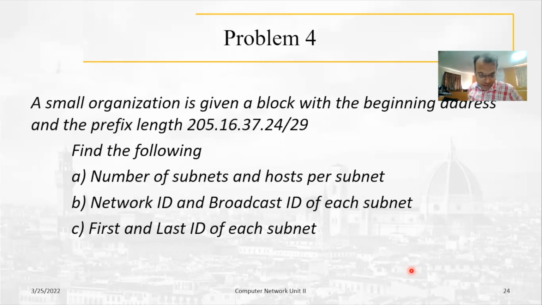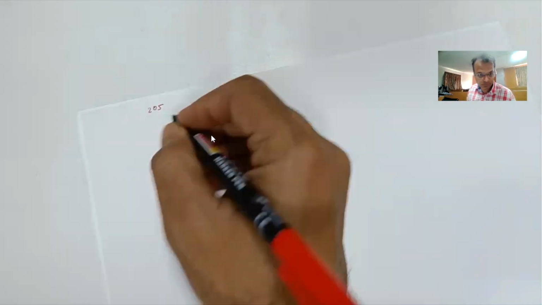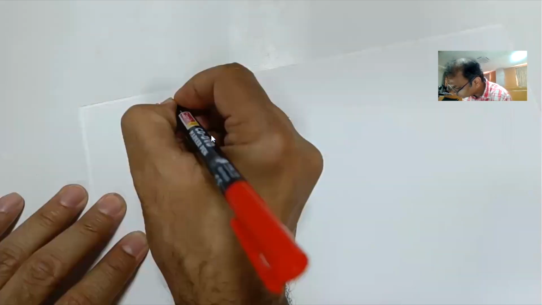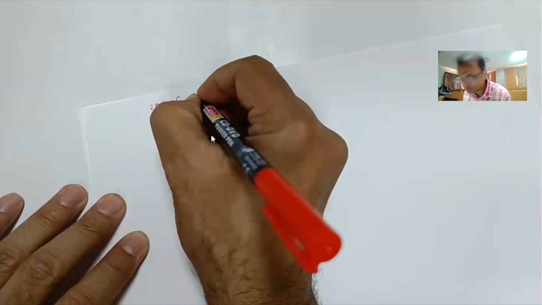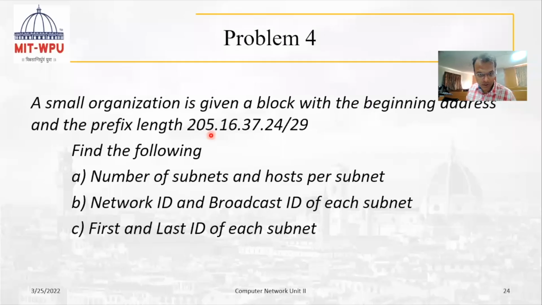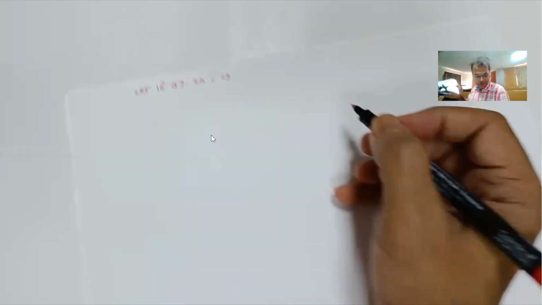The problem here is that a small organization is given a block with the beginning address 205.16.37.24, and a slash 29 is given. What is this 29?